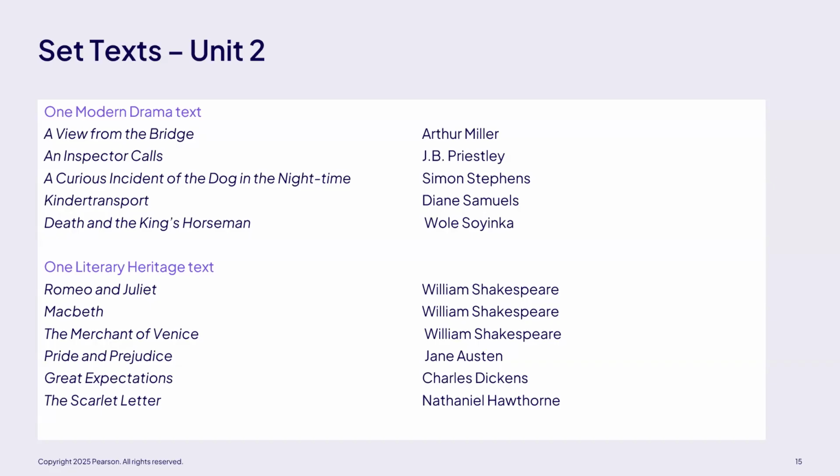And then for Macbeth, we've got 8 bullet points on context and content, 8 bullet points on themes and a couple of paragraphs on form and structure. So that's just there to support you. It's not an exhaustive list.